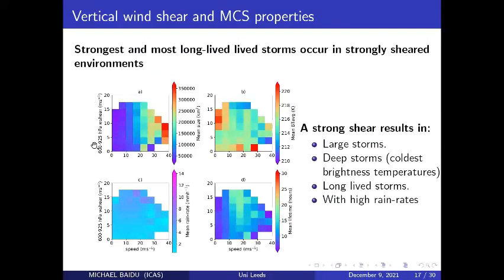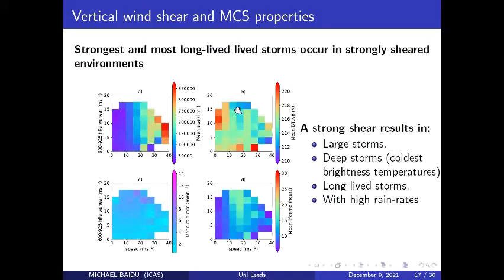So we have plotted here on the y-axis the vertical wind shear on the x-axis, the speed of the storm for the different storm sizes, for the brightest temperatures, for the associated rainfall, and the lifetime of the storm. You see that large storms are associated with increasing shear resulting in moderate sized storms.